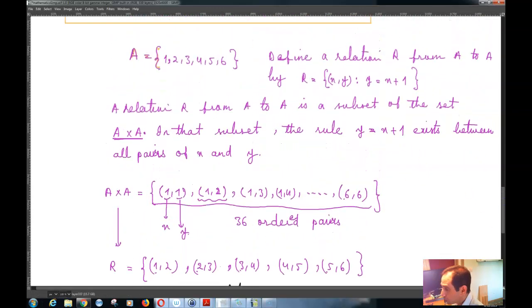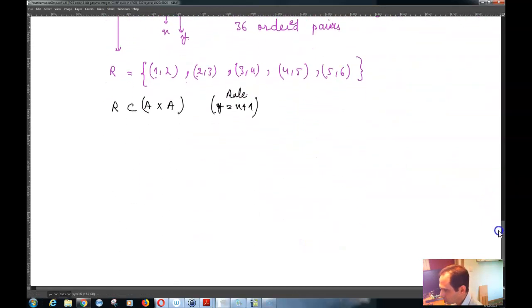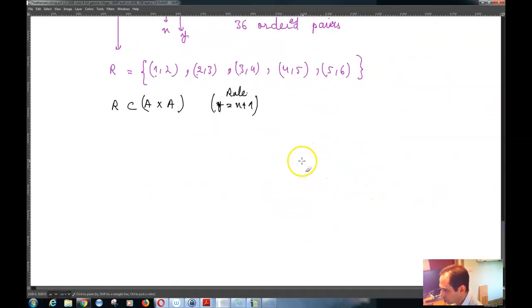Now, what you need to do here is depict this relation using an arrow diagram. So you have 1, 2, 3, 4, 5, and 6, and then you have 1, 2, 3, 4, 5, and 6 again.